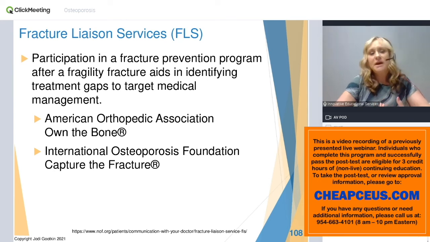But there's also counseling and an opportunity to help coordinate care for individuals, not only for fracture prevention, but for guidance on identifying and treating osteoporosis. It might be an opportunity for us to help coordinate all the different aspects of care for the individual.